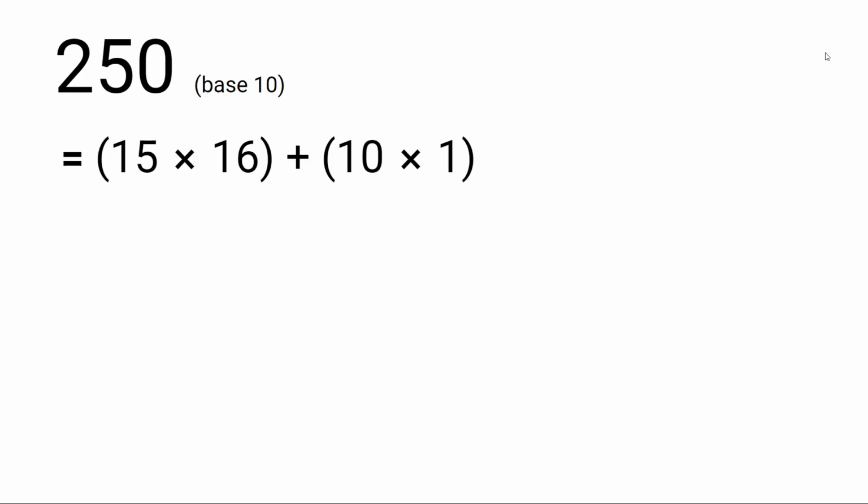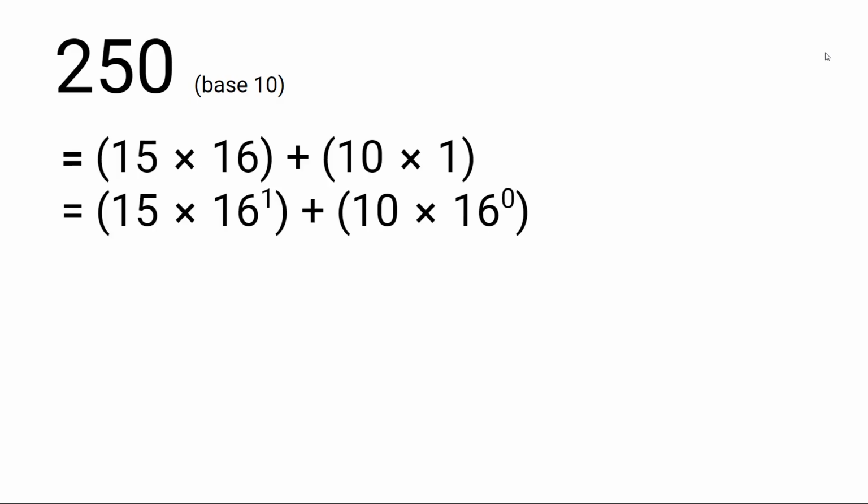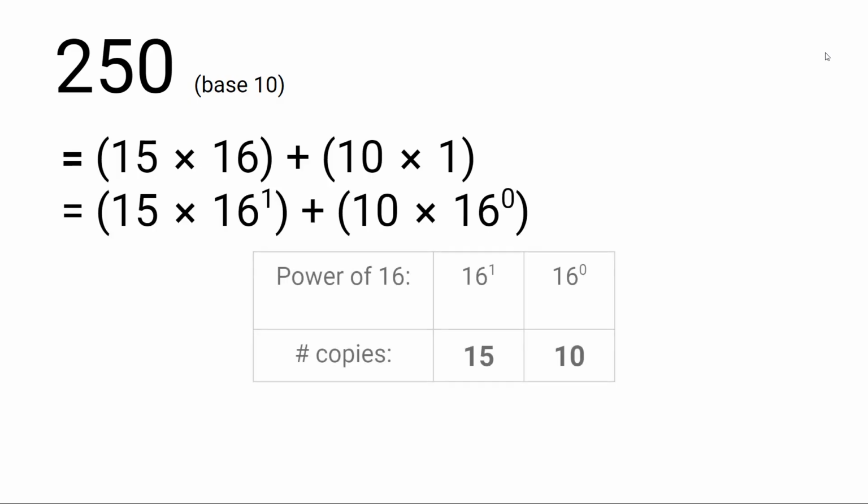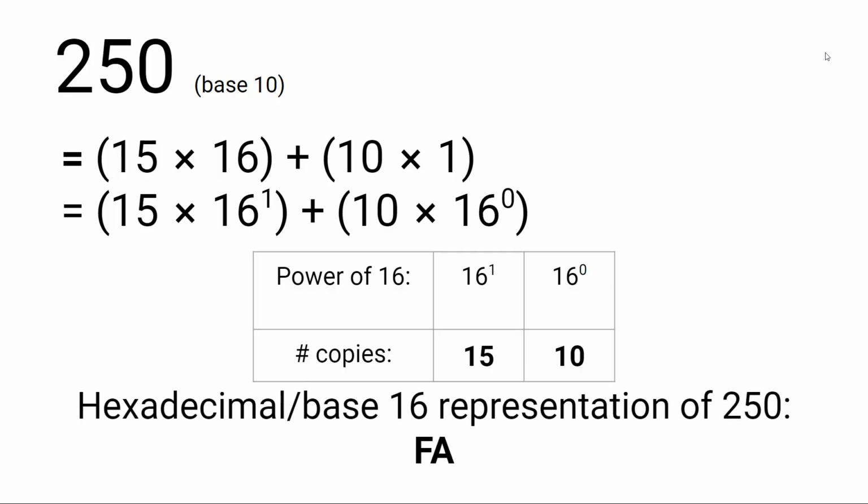Written as a sum of powers of 16, this is 15 times 16 to the first plus 10 times 16 to the 0. The digit 15 is represented by the letter F, and 10 is represented by A. So 250 in base 10 is FA in base 16.